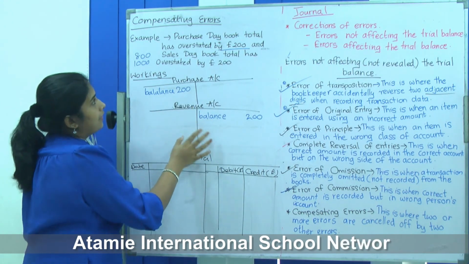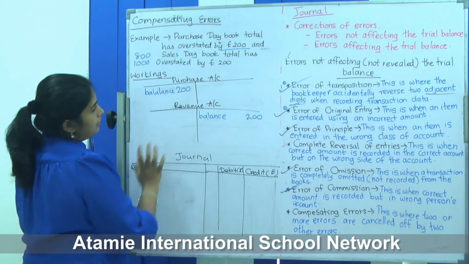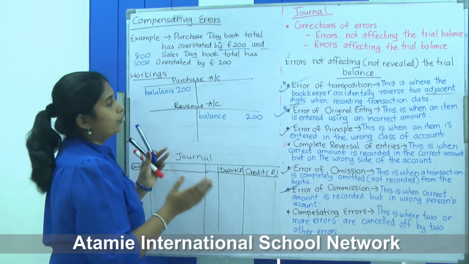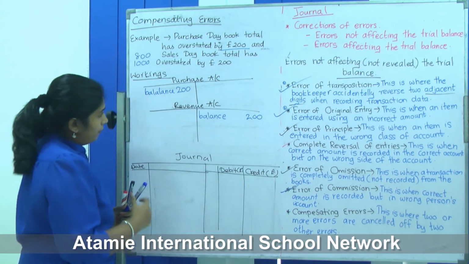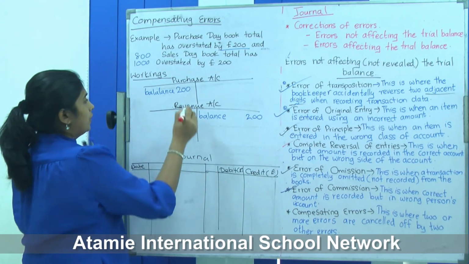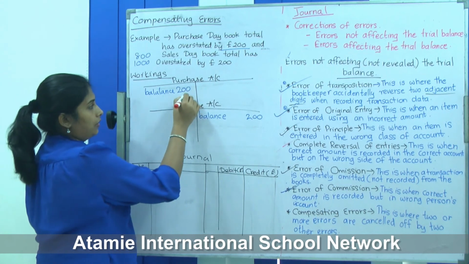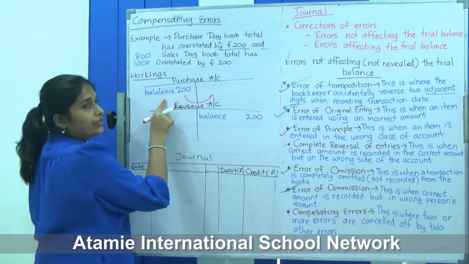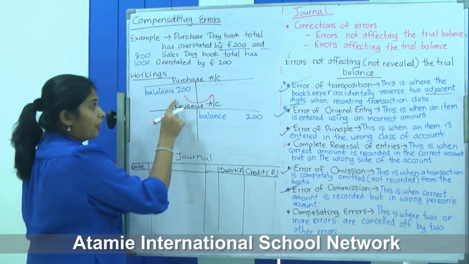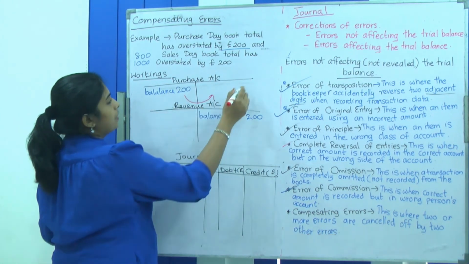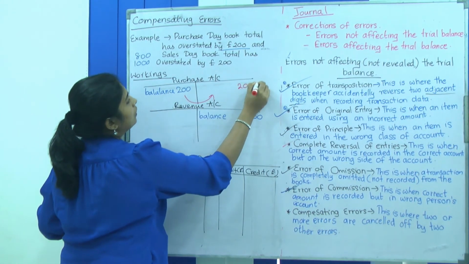So errors like this, when they occur, you can correct them by setting them off or by cancelling them off. To correct the error, this 200 overvalued or overstated which is on the purchases account, you have to cancel. If the error is on the debit side, to cancel, you have to credit it.